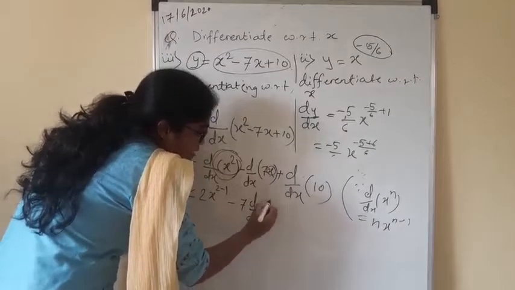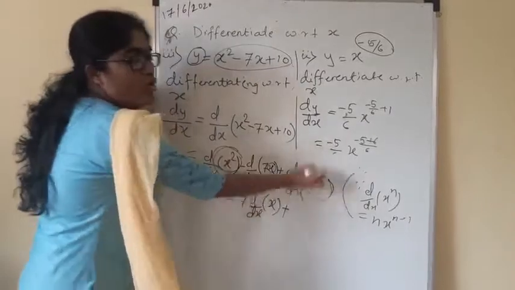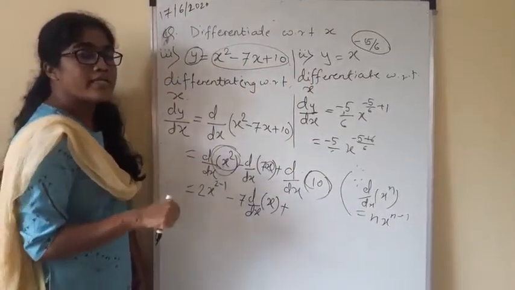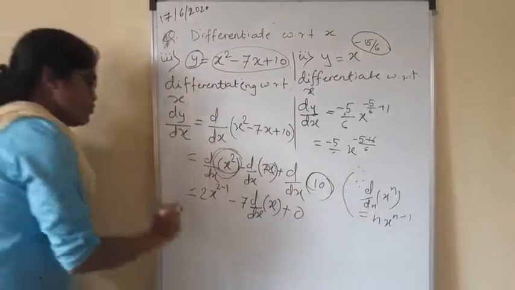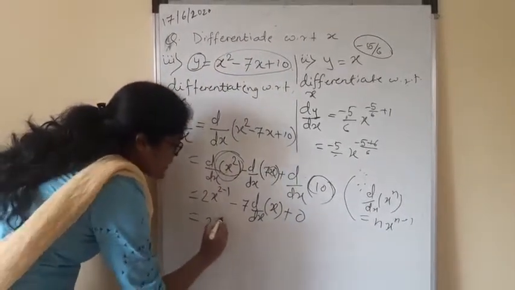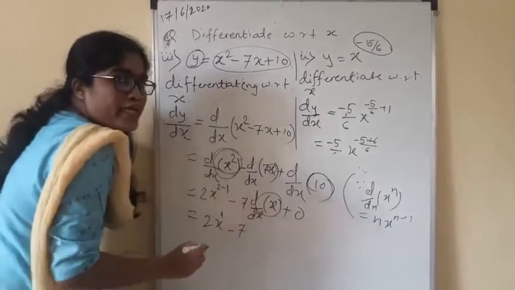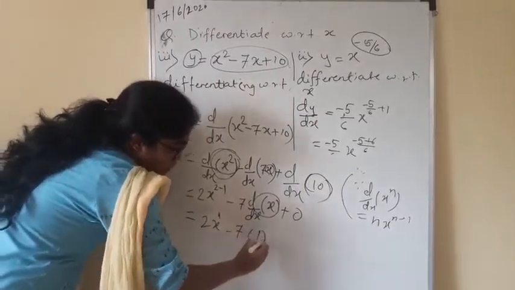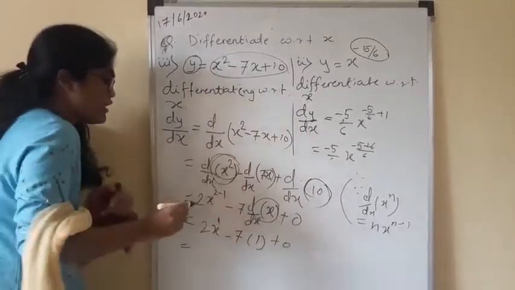So d by dx of x, plus, now 10 is a constant function and we know that the derivative of a constant function is 0. So 2x raised to 1 minus 7 into derivative of x, which is 1, plus 0. So 2x raised to 1 is 2x only.